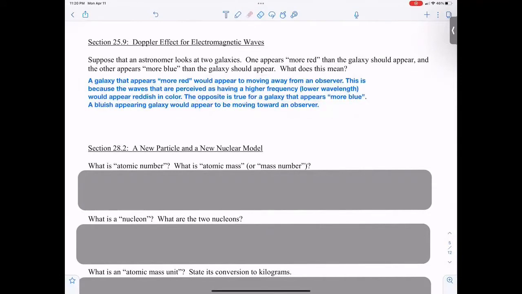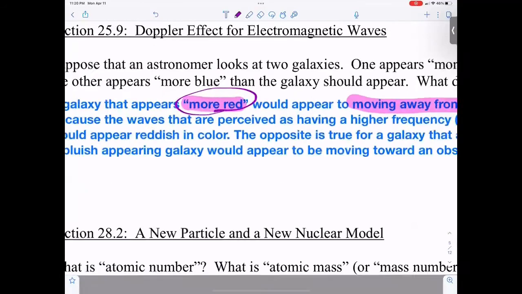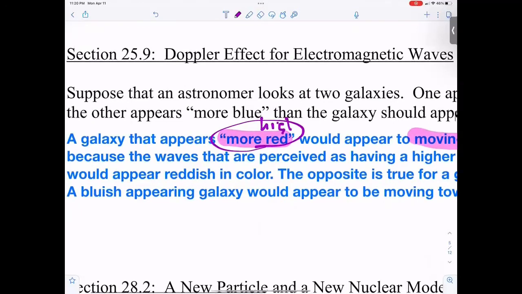A galaxy that appears more red would appear to be moving away. Why is that? Because red has a longer wavelength, which means a lower frequency.